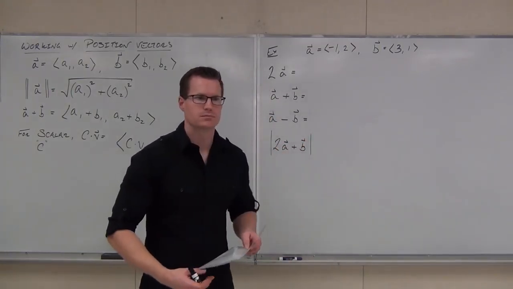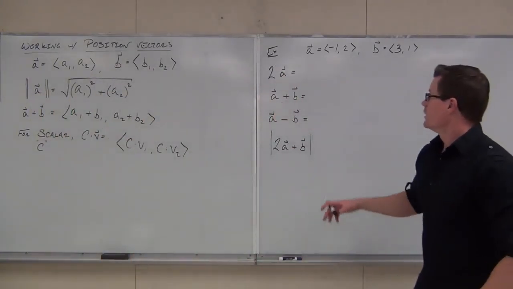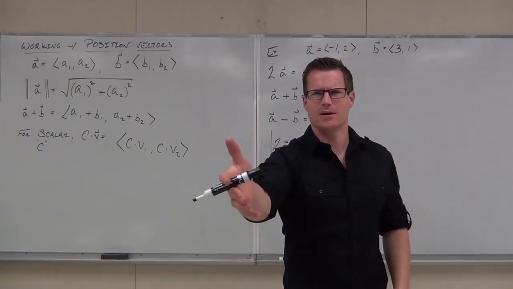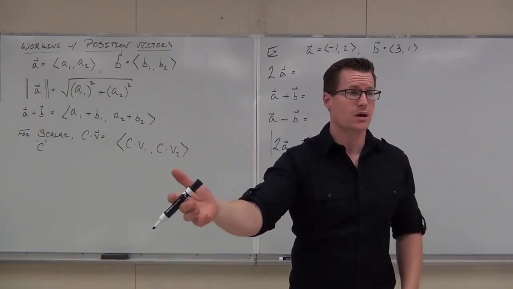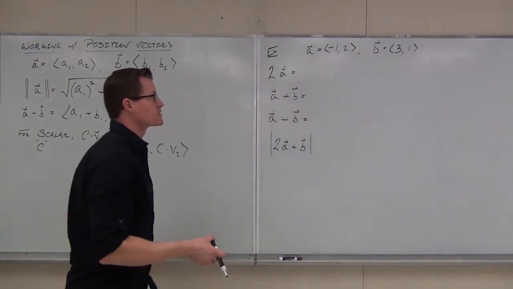Can we do it? Let's see. What's the number 2? What's that doing there? What would you call that if you had to say anything? That's a scalar. Perfect. So scalar number 2 just times the vector A, whatever that is.